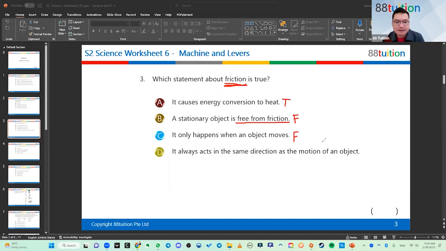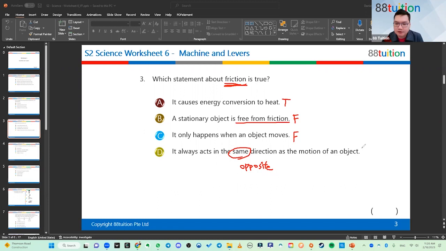It always acts in the same direction as the motion of an object. So for friction, it acts not in the same direction, but in the opposite, correct? Friction acts in the opposite direction to the motion of an object.